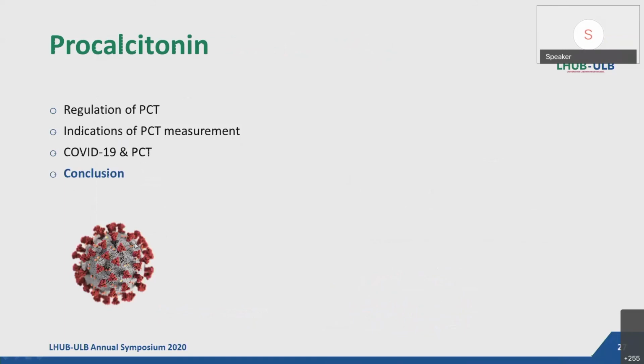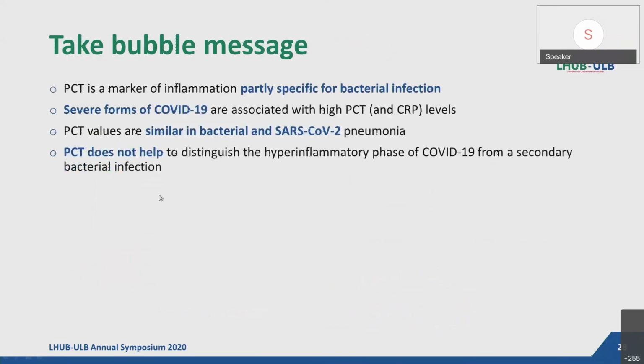So in conclusion, I would say that PCT is a marker of macroinflammation, indeed, and partly specific for bacterial infection, but only partly. And it's not surprising that this test is still controversial and not reimbursed in Belgium.